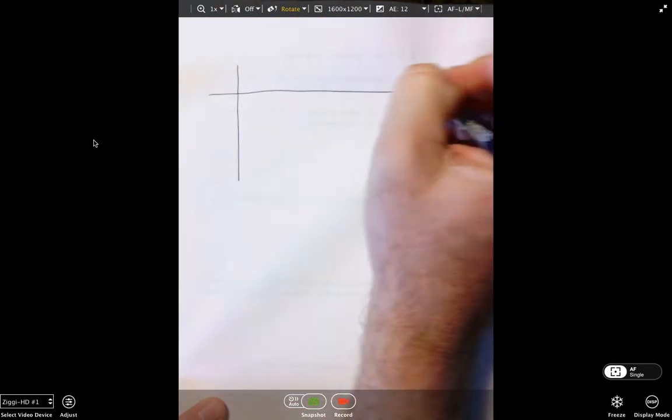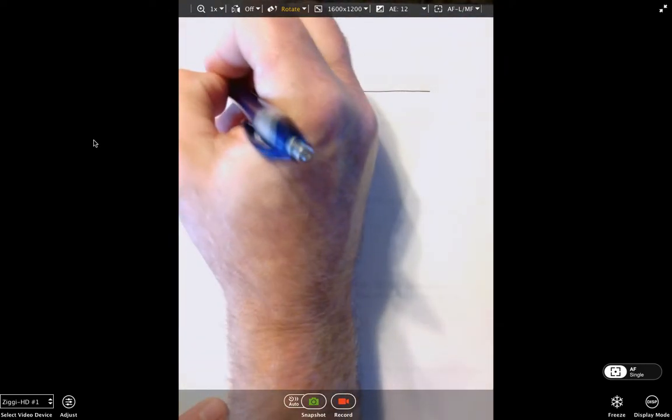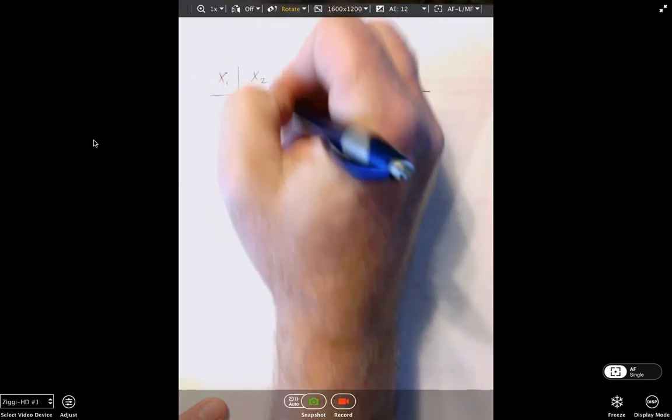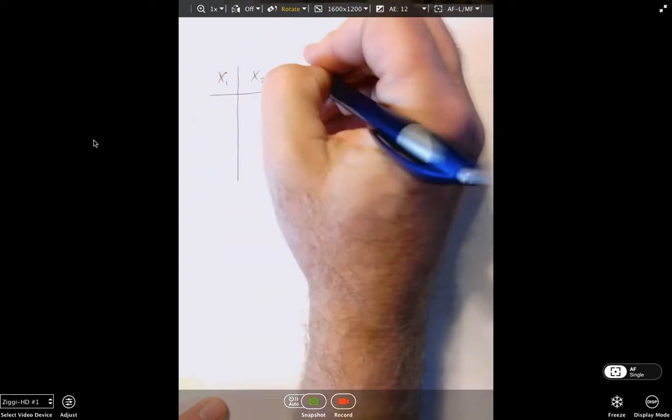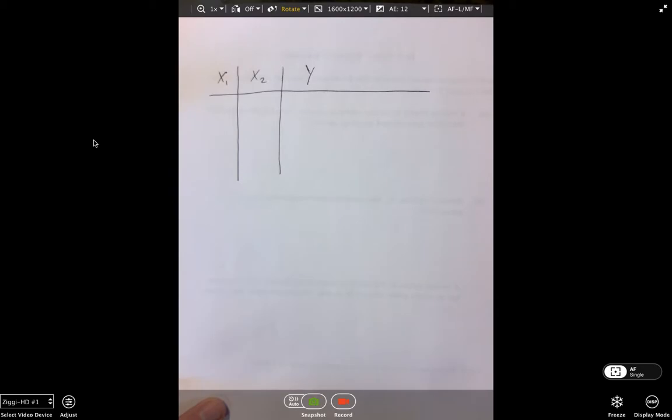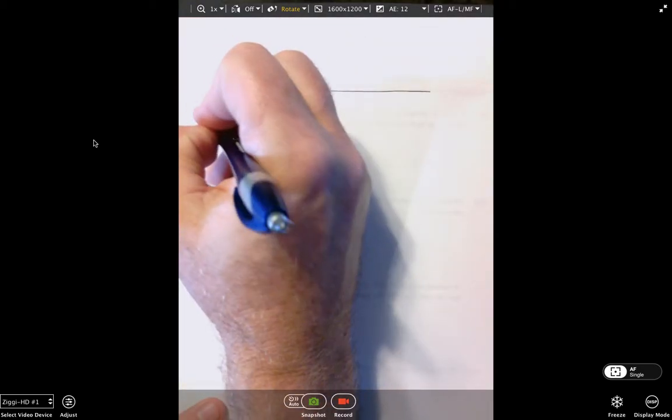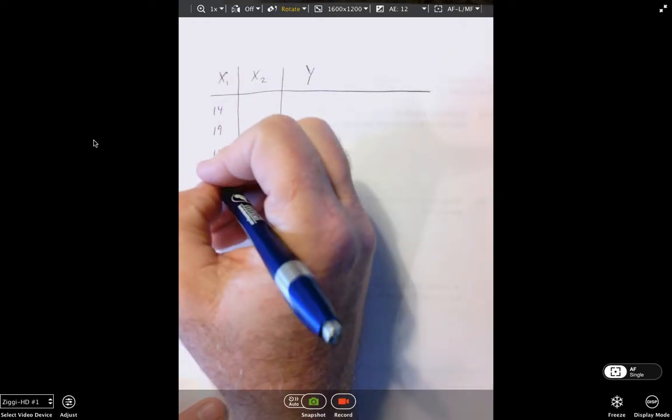All right, gang, got a simple data set for you. So let's come in with some x1s and some x2s, and let's come in with a y. And I'll show you what I want to create here. So 14, 19, 11, and 12.